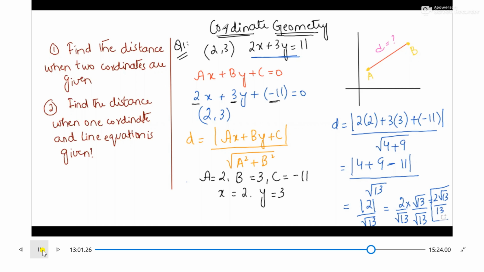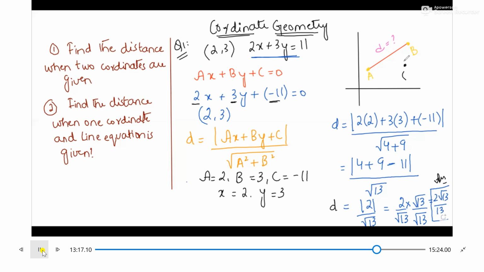This is the final answer which we will get, or this is the distance between a line and a coordinate which is given to you, like (2, 3).